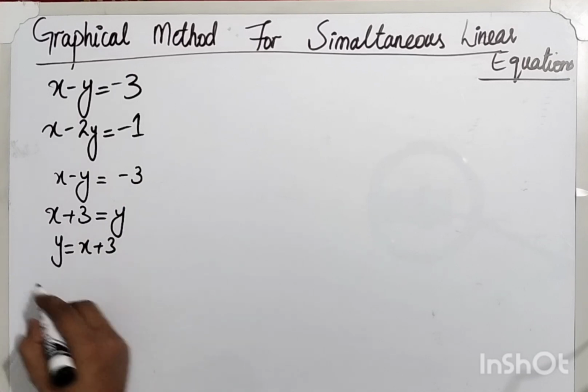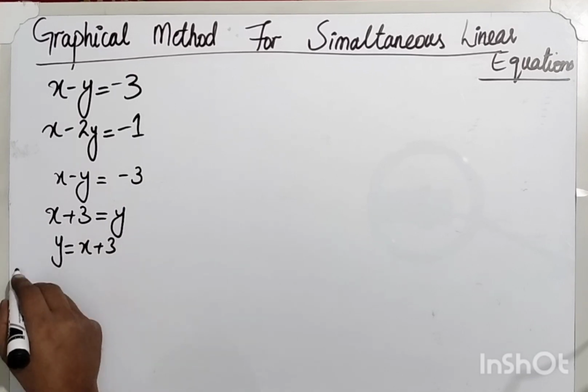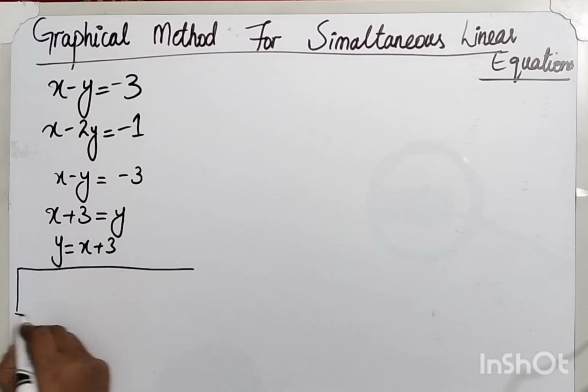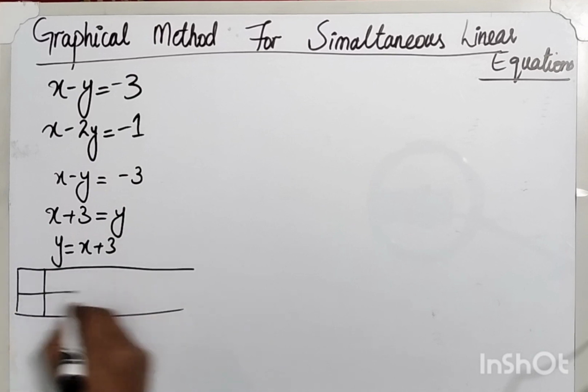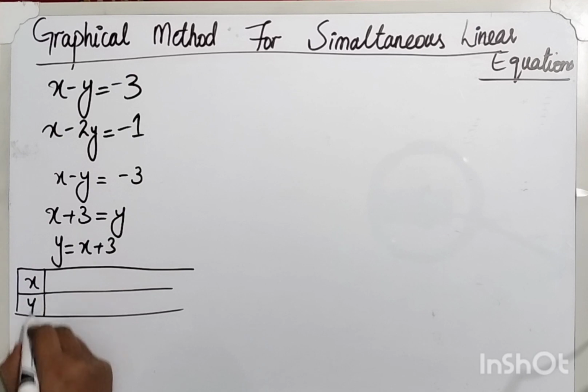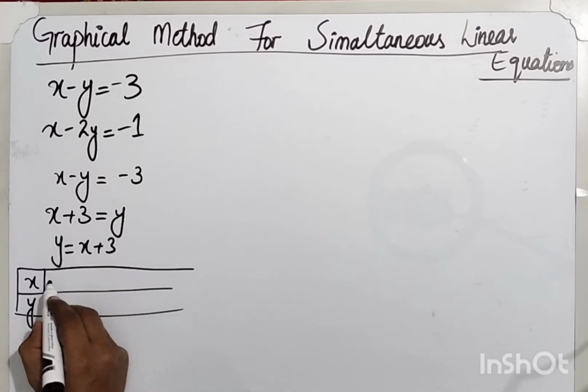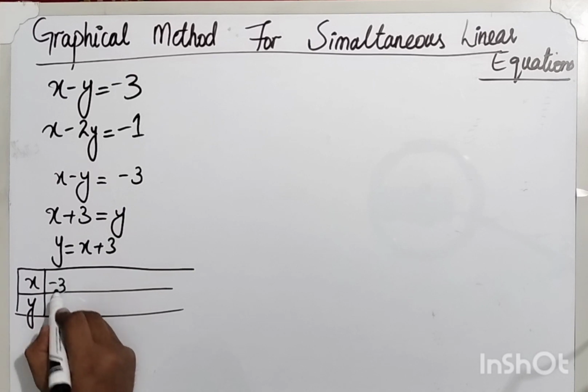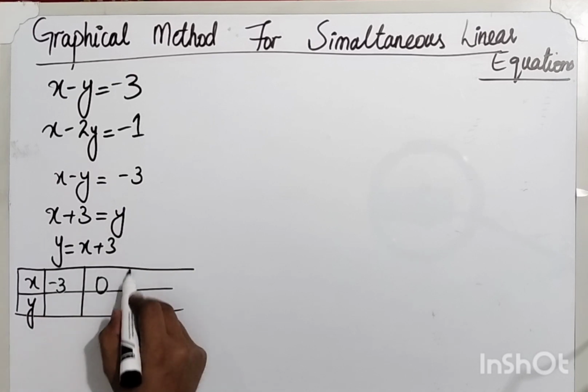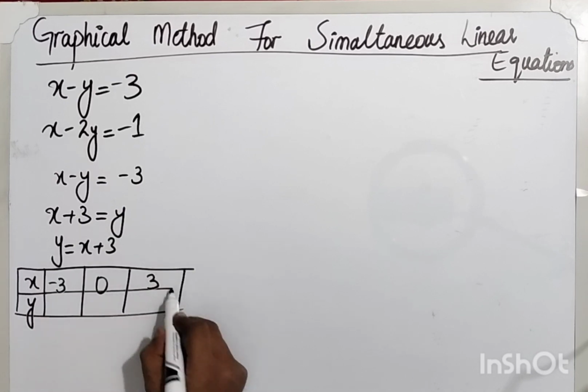Now, I'm going to take some values of x for this equation. We can take the minimum values as 3. For example, I'm taking minus 3, 0 and 3.